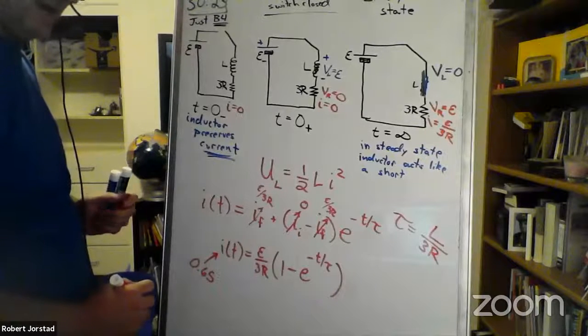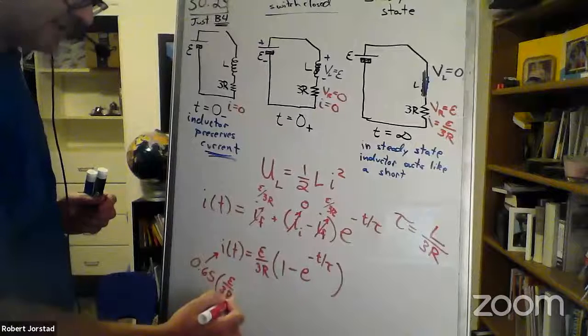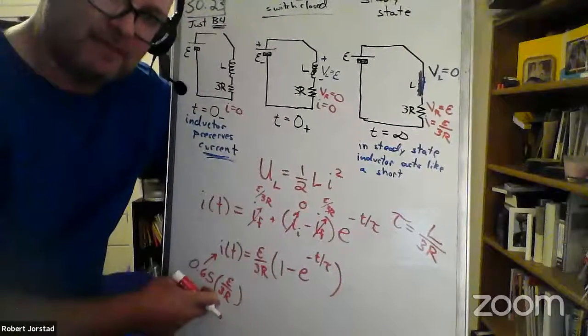What do you mean by I? My bad. I might not be reading this correctly. It could be not I, it will be I total. Then wouldn't it be E over 3R? That's one way to do it right there. And so remember, I would say instead of I, I would say I max, right? So 0.65 of the maximum value, right?